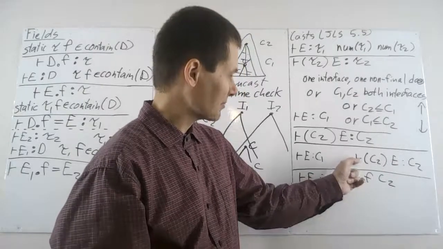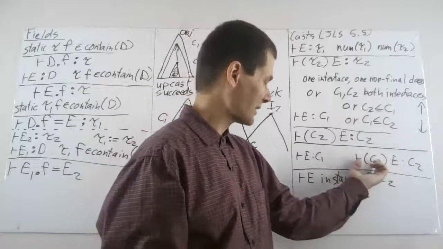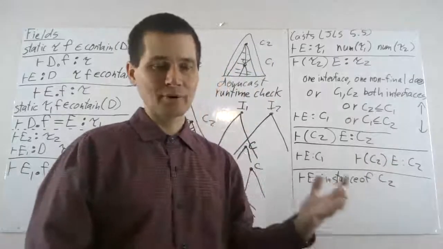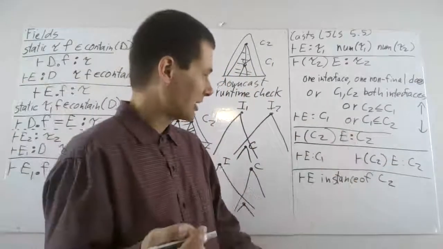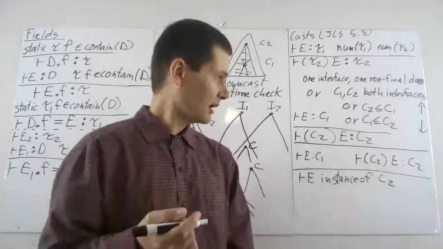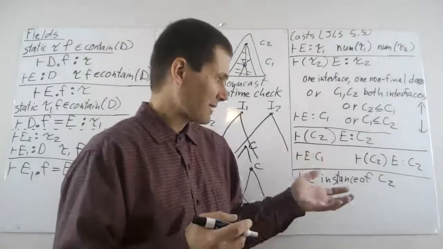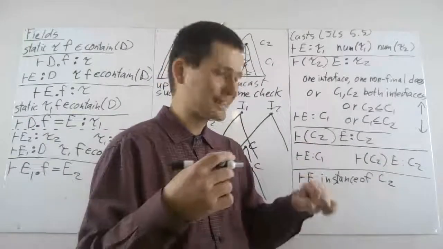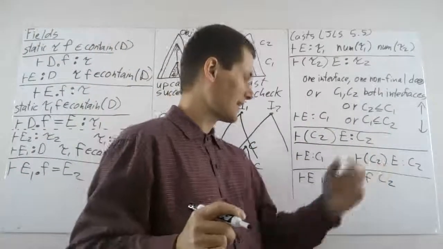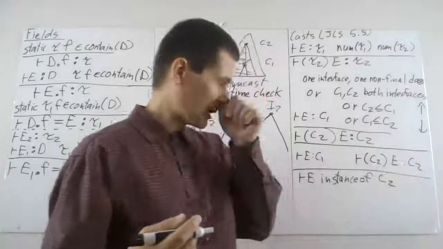But the weird thing about this rule is that here I've written a piece of syntax that doesn't appear anywhere in your program, right? The program that you're type checking doesn't actually have an expression E being cast to type C2. So I suppose you could implement it like the rule says by creating a piece of AST where you put that cast and try to type check it and make sure that it does type check.